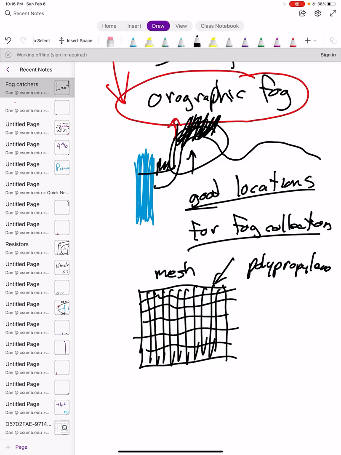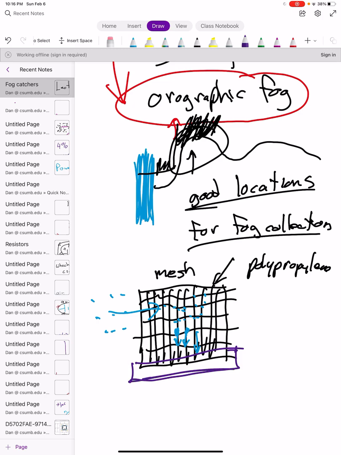And what happens is little water droplets that are in the air, the fog, as it's blowing through the mesh, some of those droplets get captured by the mesh material. And for the same argument I gave earlier, as they get heavier, they start dripping down the mesh, and they enter a trough or some sort of a means of collecting the water.